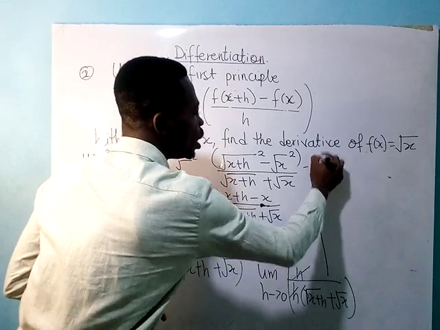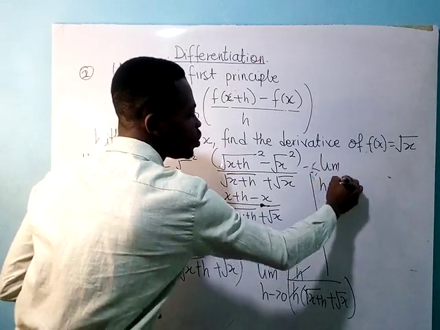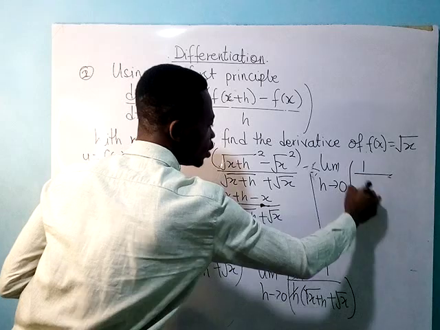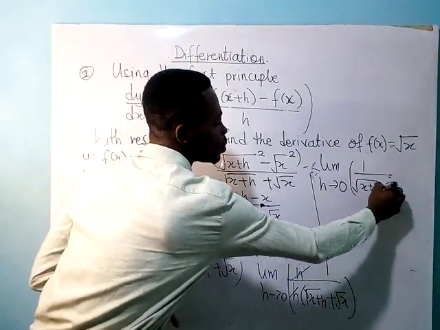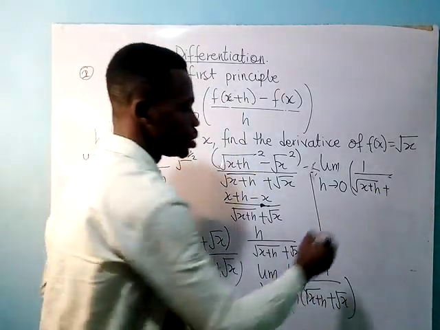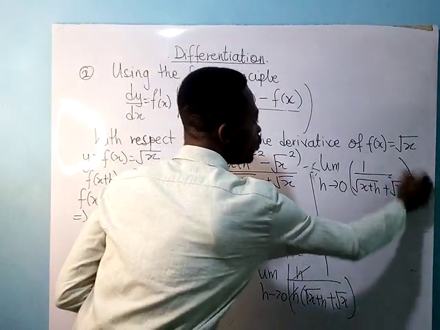So the limit as h approaches 0 of 1 over square root of x plus h plus square root of x.